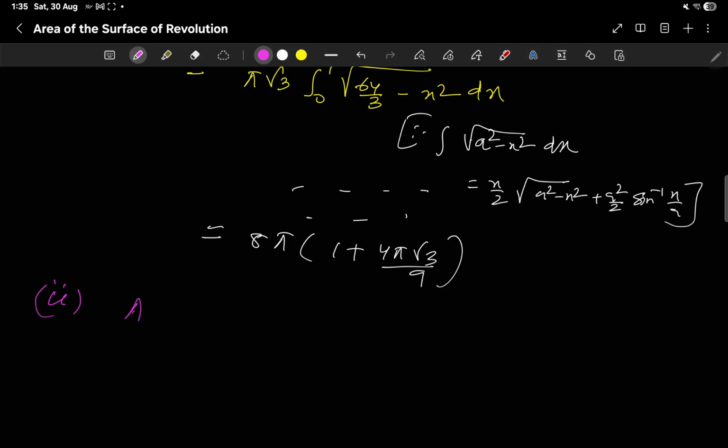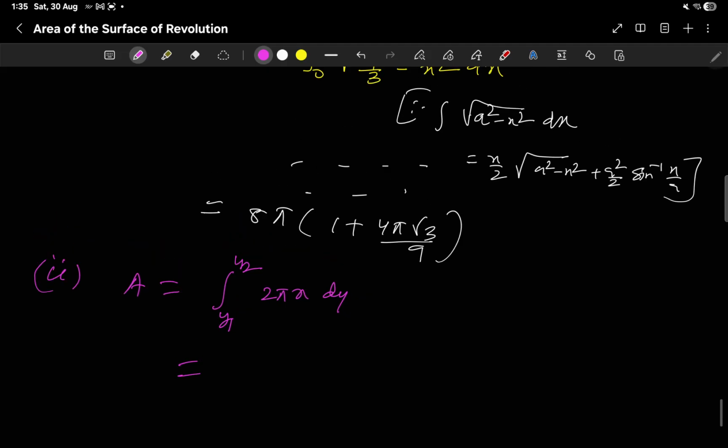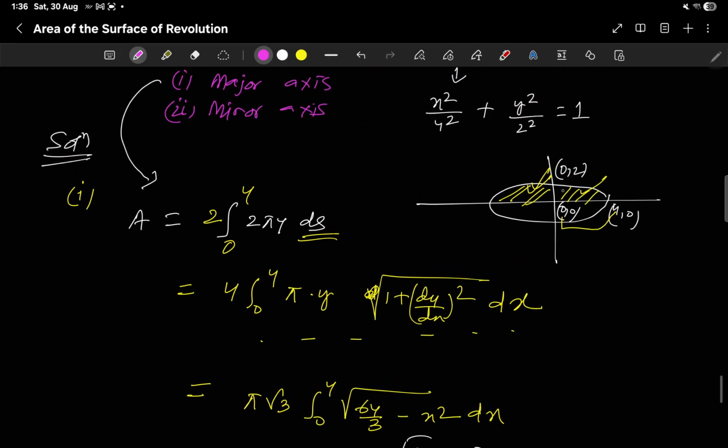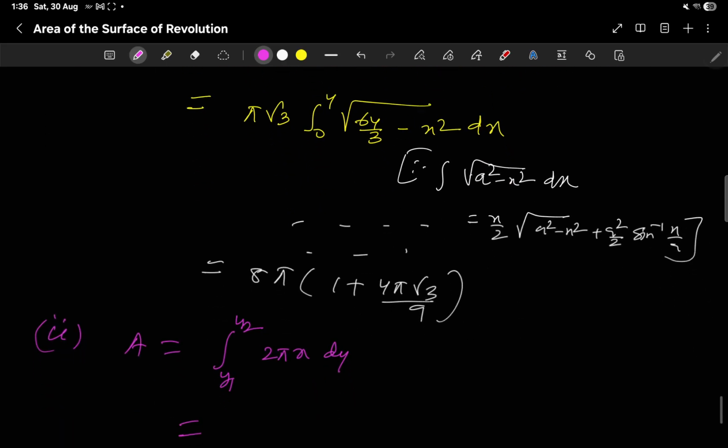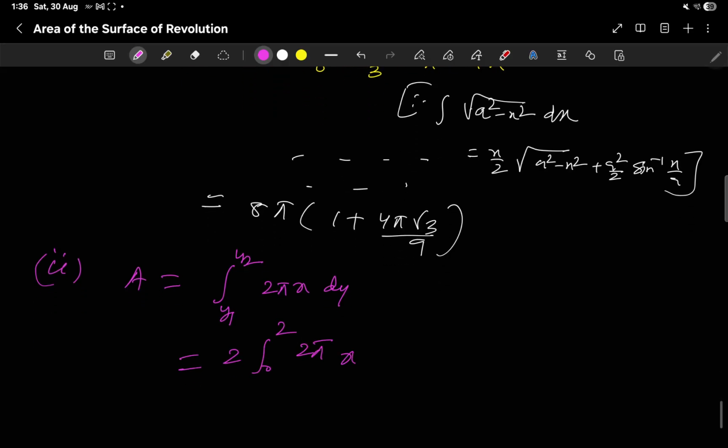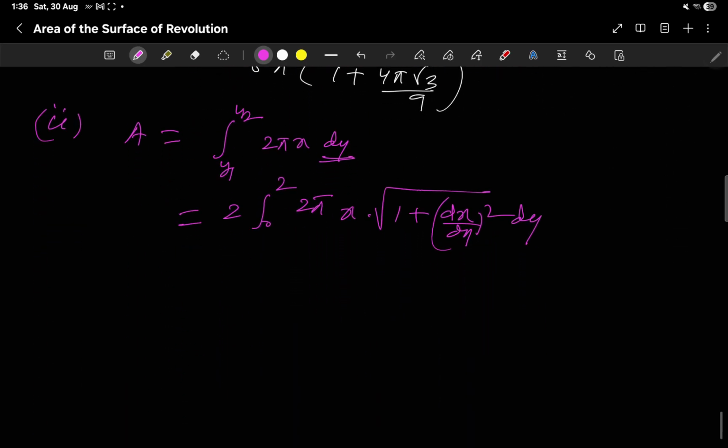Now about the minor axis, what is the area? Integral y1 to y2 of 2 pi x dy. This will be 0 to 2, multiplied by twice, so twice integral 0 to 2 of 2 pi x times square root of 1 plus (dx by dy) whole square dy.